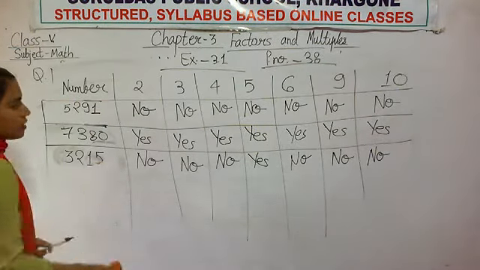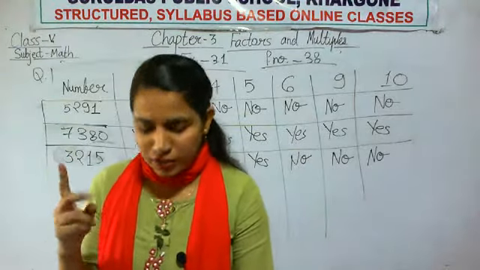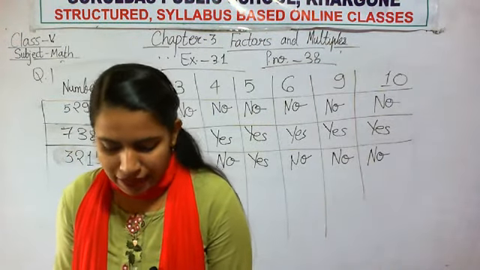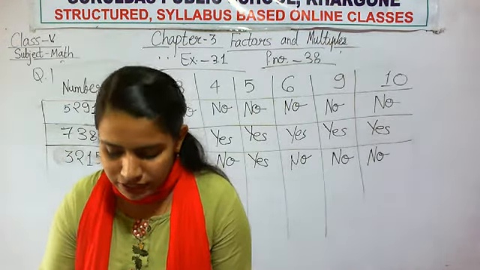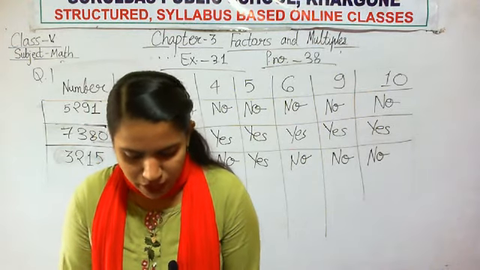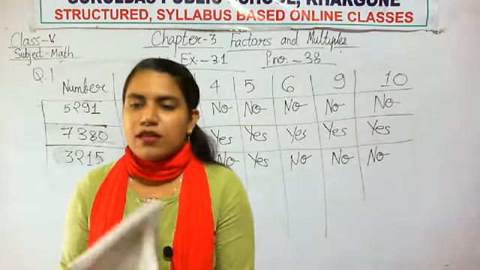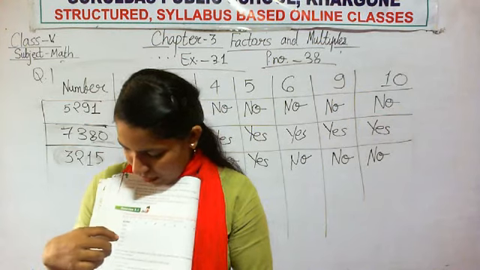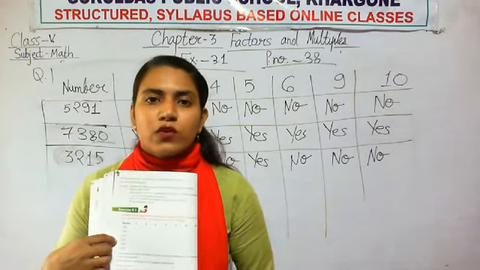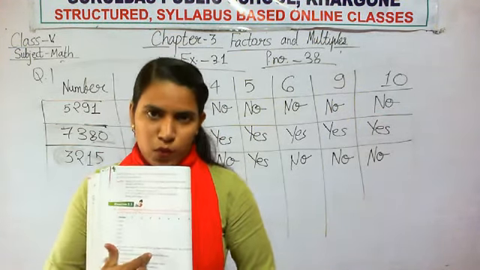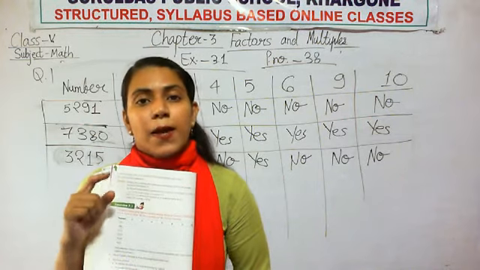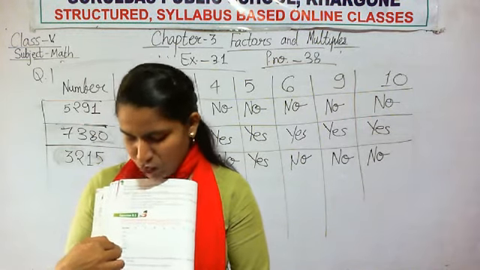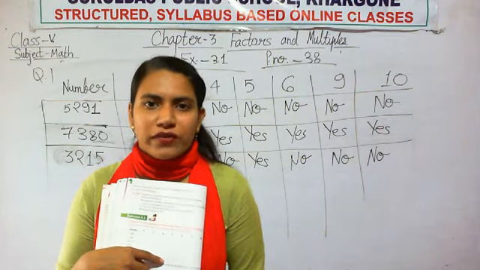So I have done the first numbers for you and explained all the divisibility rules to you. Now the remaining 3 parts you have to do by yourself, using a pencil. You just have to write yes or no there.